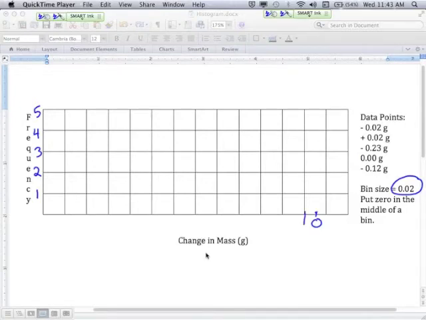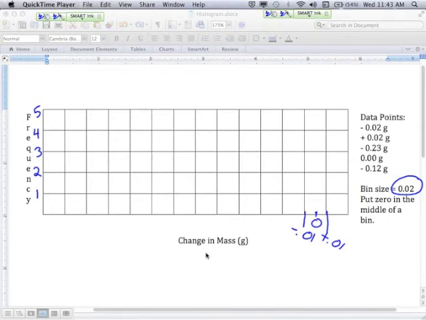So if my bin size is 0.02 and 0 is in the middle of the bin, that means this edge is negative 0.01 and this edge is positive 0.01. That makes the width of this 0.02 because 0.01 plus 0.01 equals 0.02.